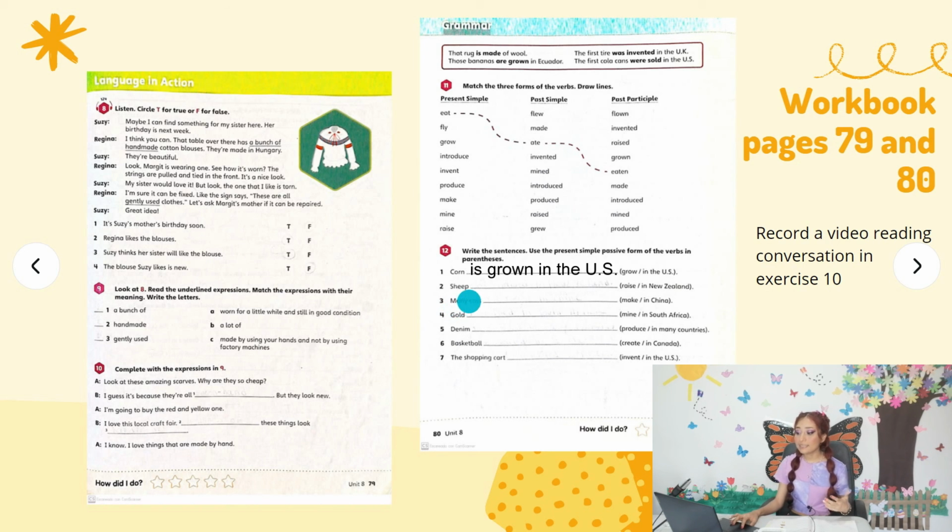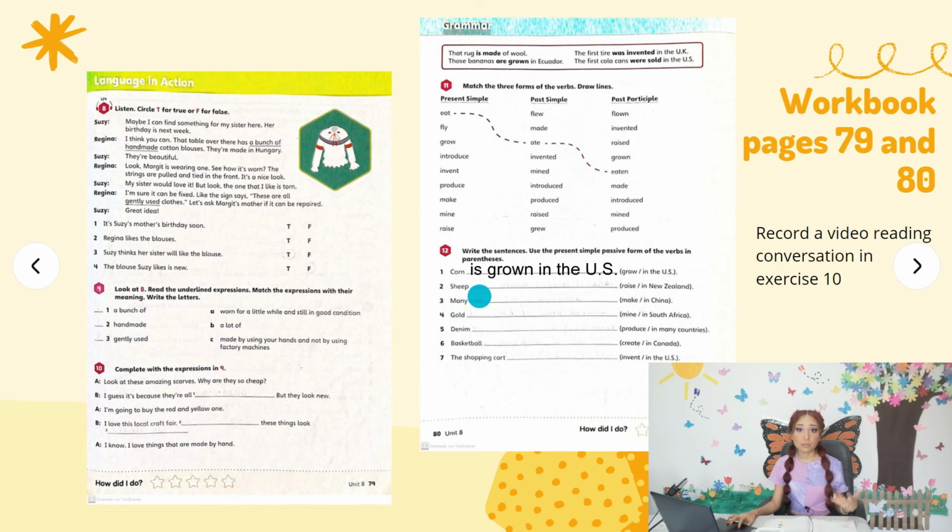Sheep, in this case, sheep es plural. Es una regla que tiene sheep, que no lleva S, etc. Okay? So, it's plural. Sheep are, y tenemos raised, raised with ED at the end. Sheep are raised in New Zealand.